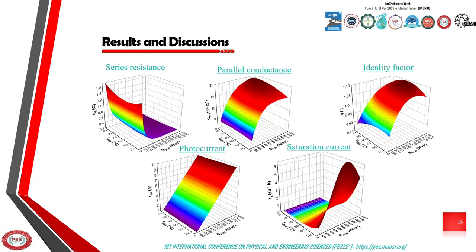And in these figures, we present two-dimensional variation of series resistance, parallel conductance, adjective factor, photocurrent, and saturation current as function of MBS temperature and POAI irradiance.